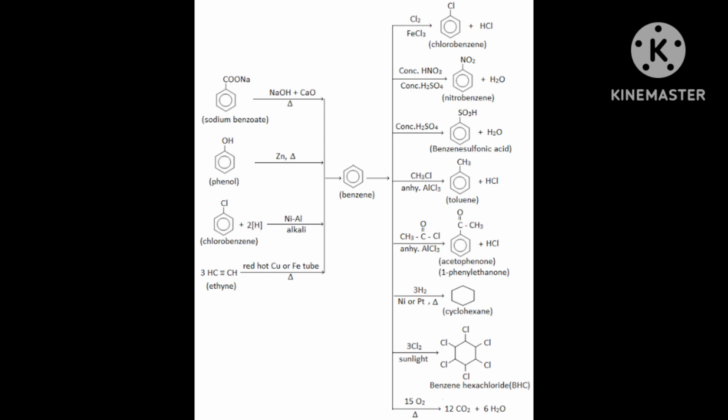Colorless liquid or colorless solid, but with a characteristic aroma, a special smell. Naphthalene, you have seen naphthalene, it sublimes actually. If you heat it directly, it goes from solid to vapor. A special odor, a special aroma will be there.